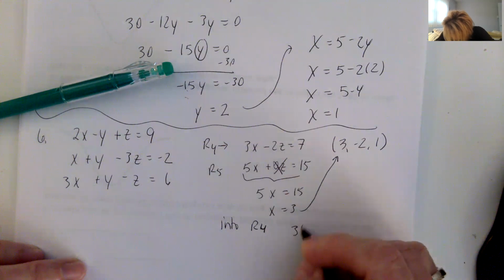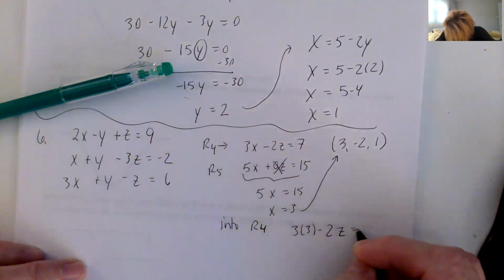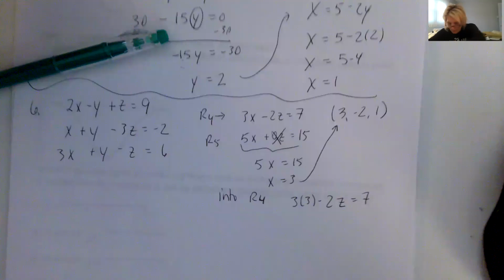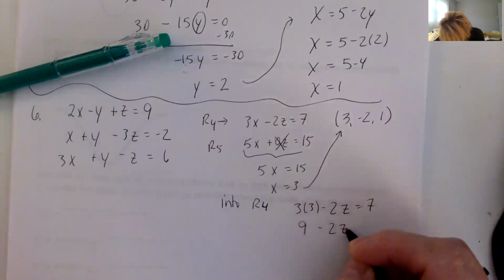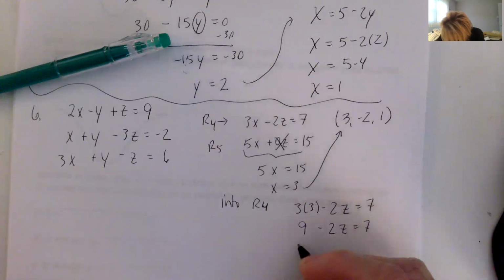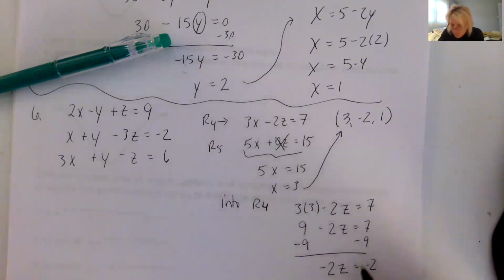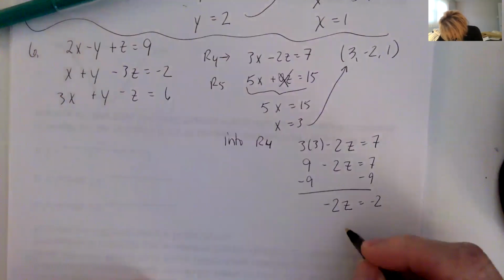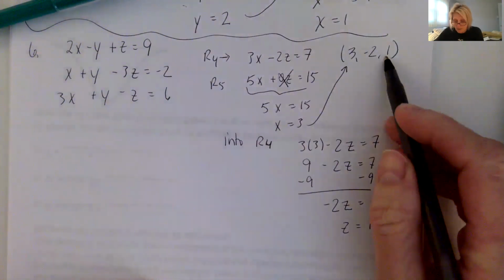So 3 times 3 minus 2z equals 7. Now I can solve for z. That worked out well for us. So 9 minus 2z equals 7. If I subtract 9 from both sides, I get negative 2z equals negative 2. And dividing, I get z equals 1, which does match z equals 1.